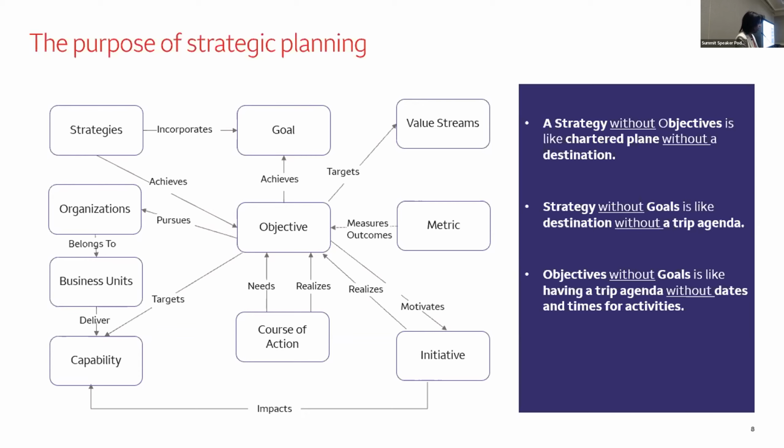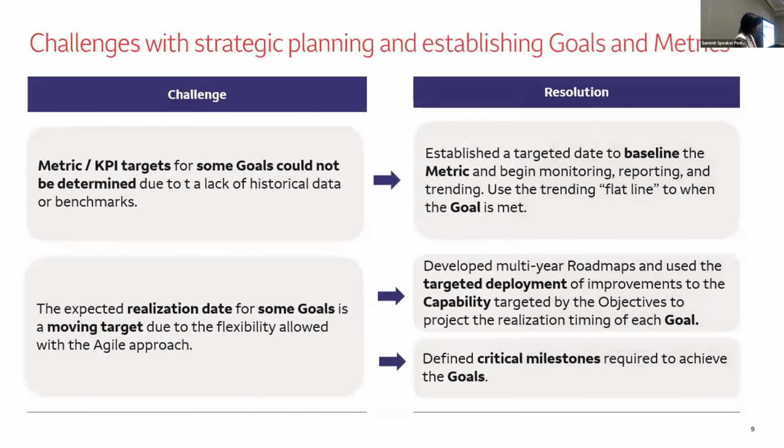Or if you get to your destination and you say, okay, these are the things that I want to accomplish, and you have maybe 20 things you want to accomplish, but you didn't say how long, what you need to do, that's like having objectives without goals or metrics.